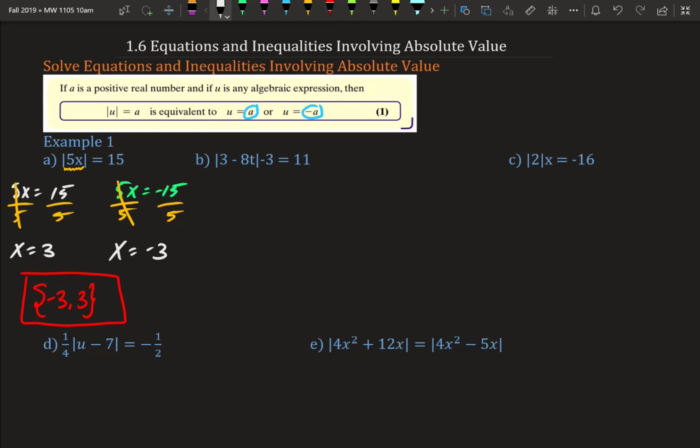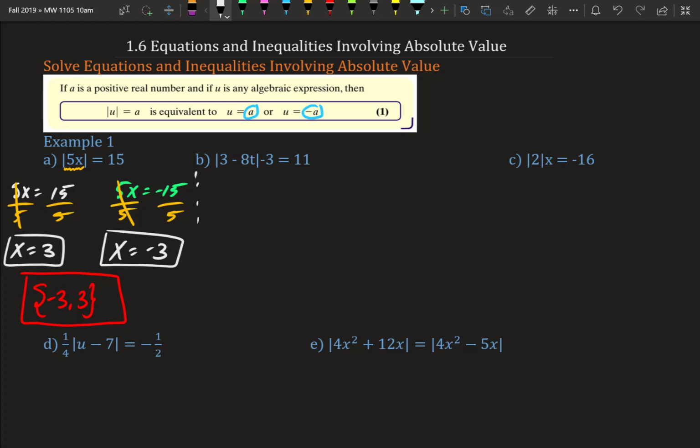Now, if you accidentally just box this for the first test, I'll let it slide. But after the first test, I'm going to be a lot more critical on our notation. So technically, the red boxed answer is the 100% correct answer. But on the test, if you give me the white boxed answer, I'll let it slide for the first test. So whenever we have absolute value, we're going to make a positive equal and a negative equal.